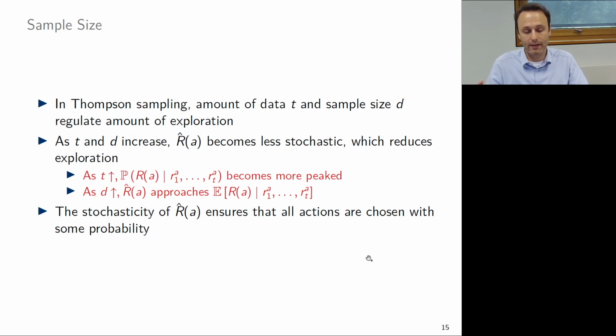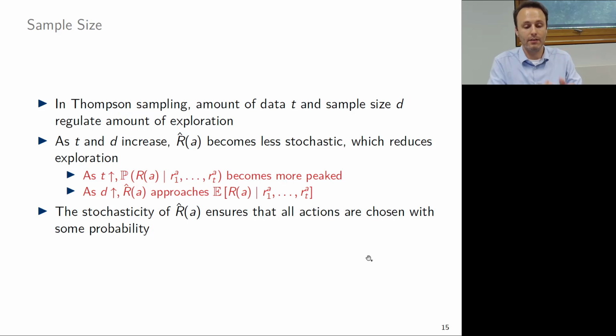So there are two things that make us explore less often. That's the number of data that we have seen. So the more information we have, the more peaked and compressed our distribution is. And the second thing is the number of samples that we draw. With the more samples that we draw, our distribution still stays dispersed, given that we don't have new signals, but we get closer to the average, to the mean.